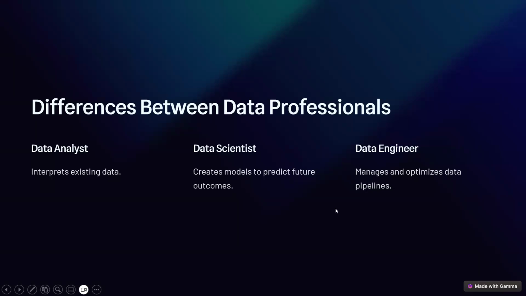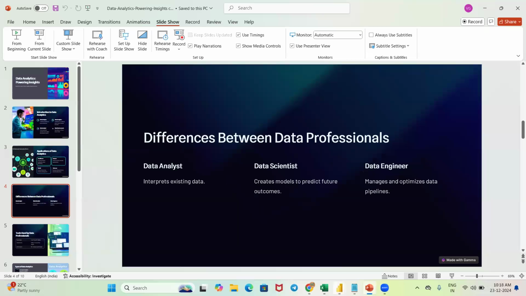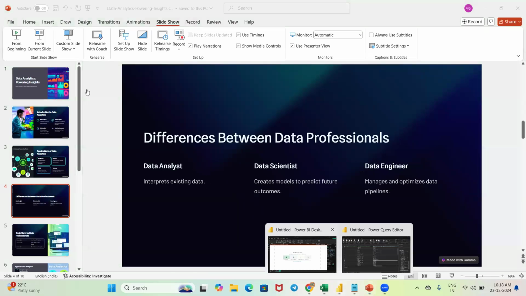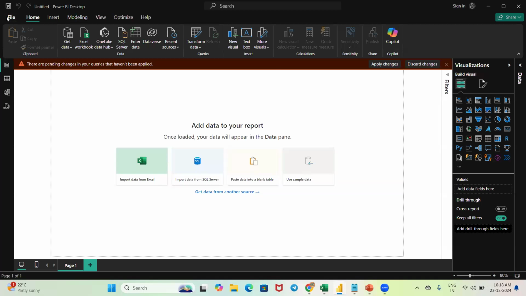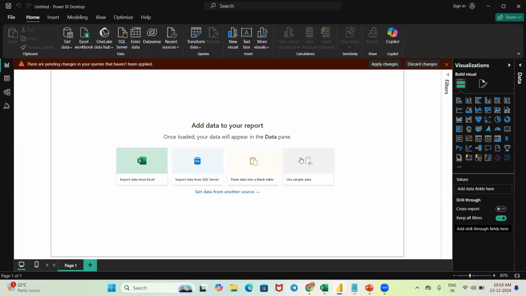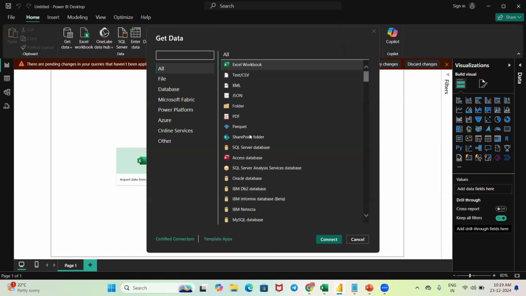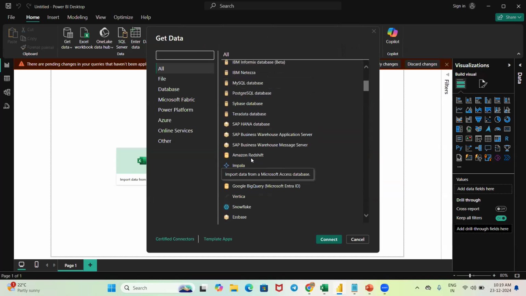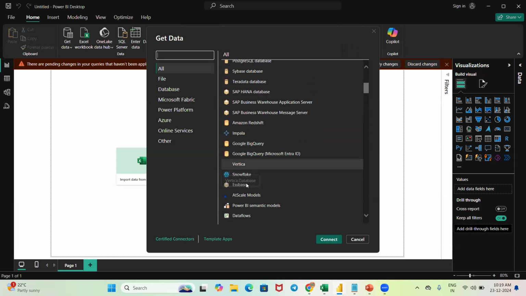So what are the data warehouses we have? For example, this is Power BI. Here I can go back. Yes, here, Get Data From. If I click here, I can see all the options of cloud service providers. See, here we have Snowflake, which is a cloud database.